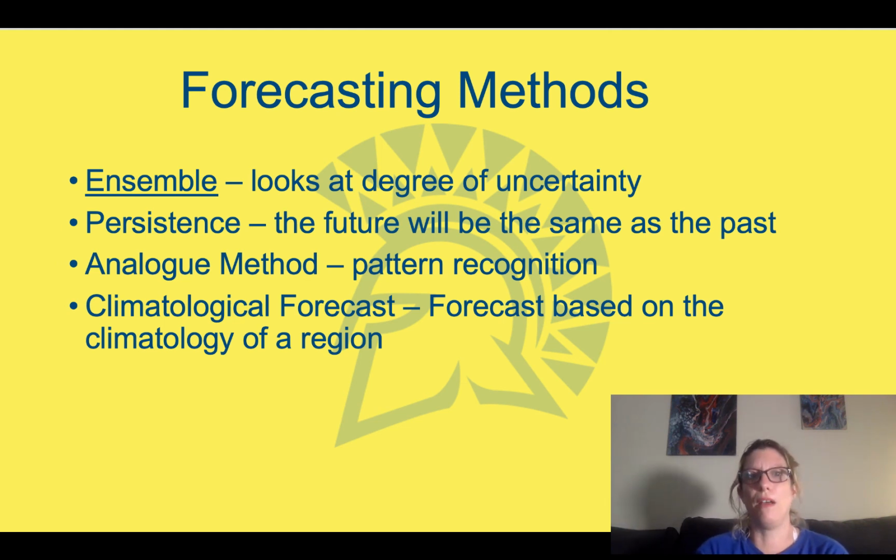So if I see a model shooting something like that out, then I'm going to definitely question that because the chances of that are pretty much zero. So that's where we can kind of use these climatological forecasts. Again, they're not as accurate as the analog method. That one is for sure, once you get to know the patterns of the area, a lot easier and a lot more accurate than the rest of them.